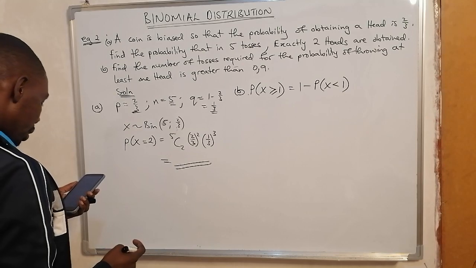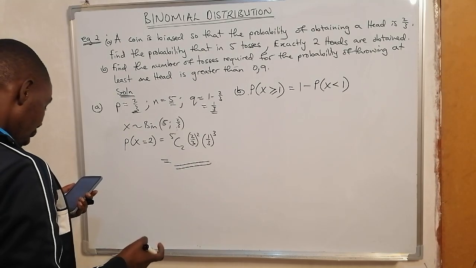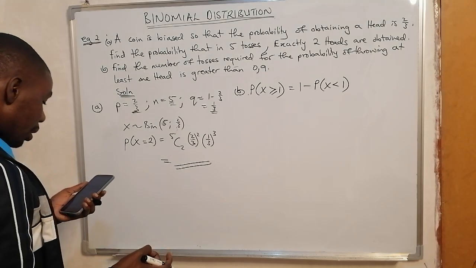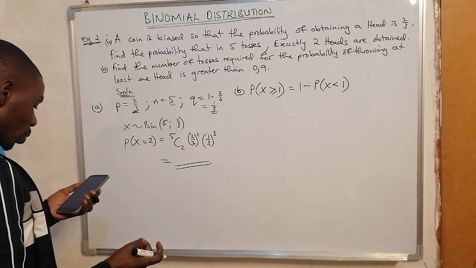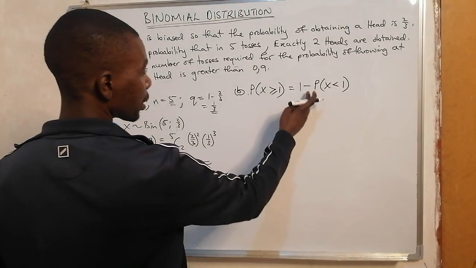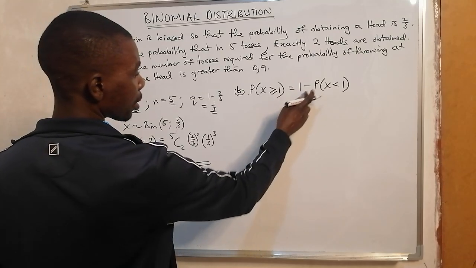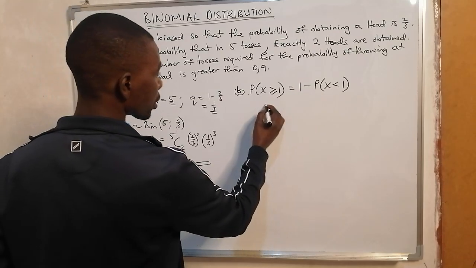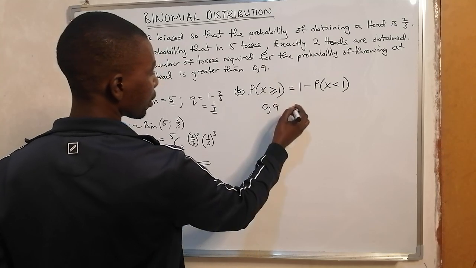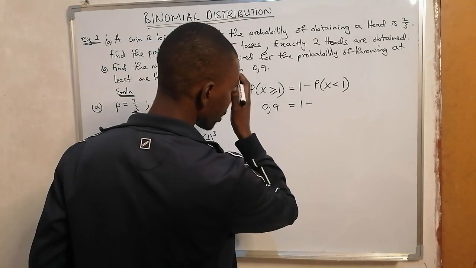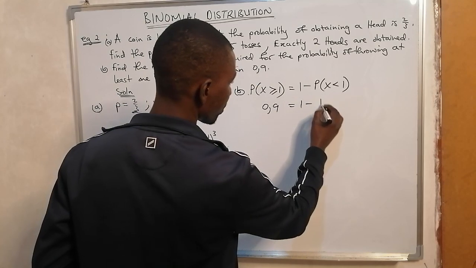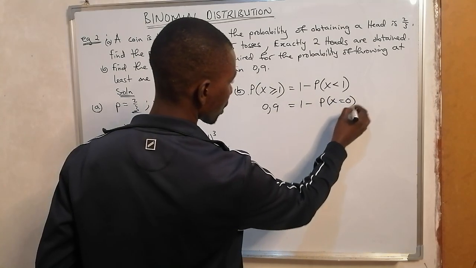So at least one head can be written as 0.9 is equal to 1 minus P of x equals 0.